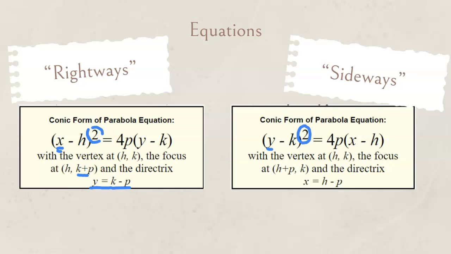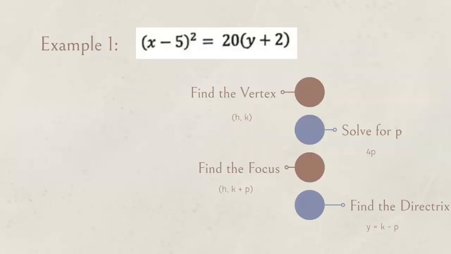If we're on a sideways parabola, the equation for the directrix will be a vertical line, so it will be an x equals equation. And the x coordinate of the vertex will change, but the y coordinate will stay the same as we're finding the focus. The directrix, the focus, and the vertex are all going to line up. They're all going to be the same distance apart.